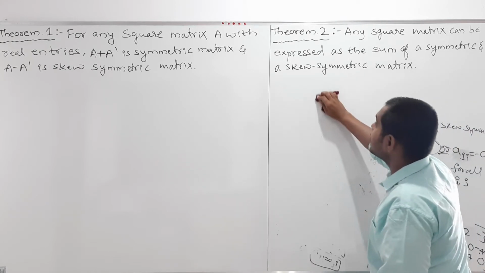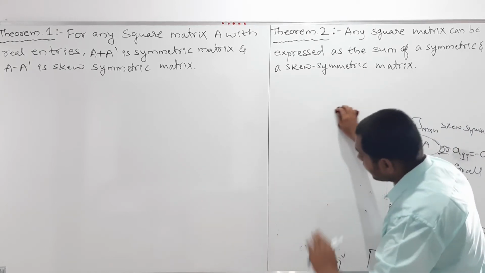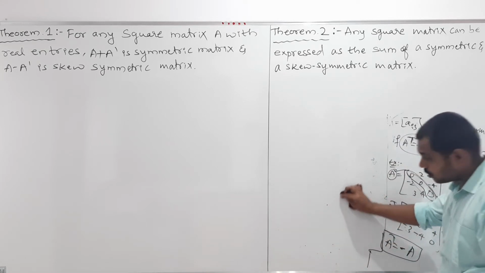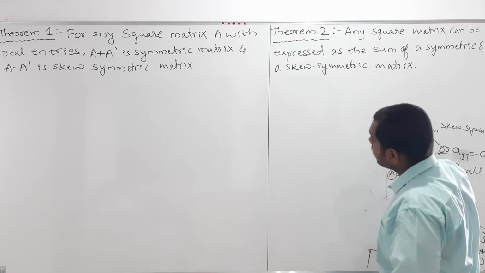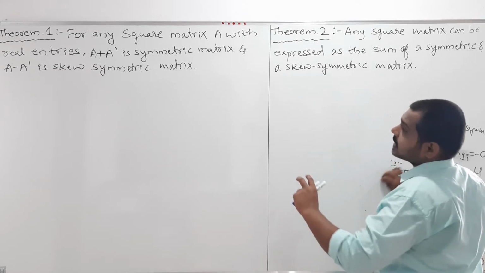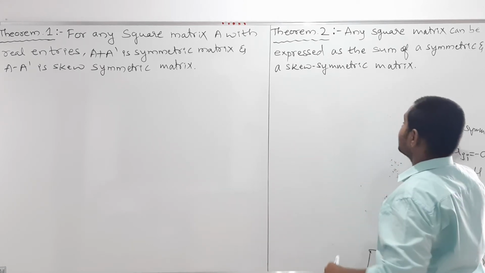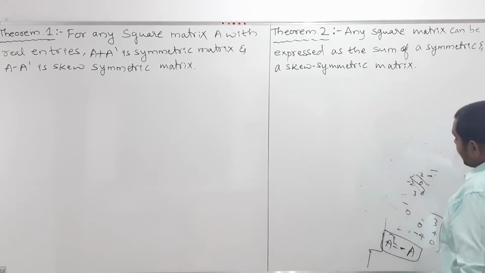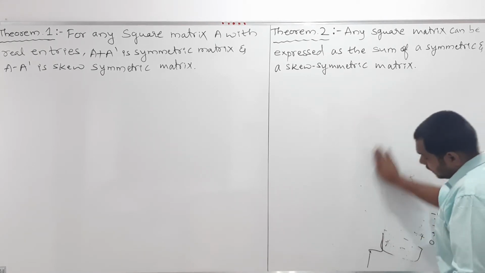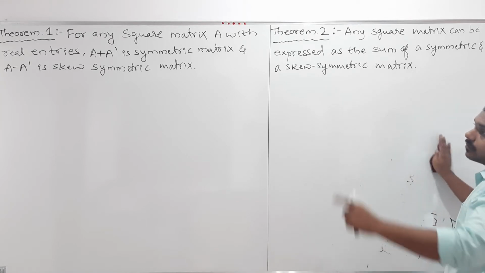Real entries. Entries means what? Whatever elements we wrote inside the brackets of the matrix, all those numbers we can call entries. So in the given matrix, all the entries must be real.